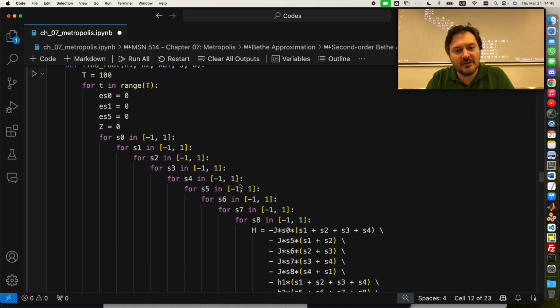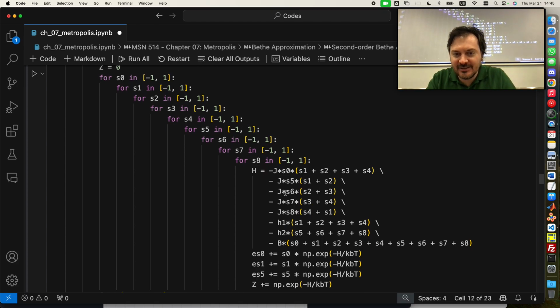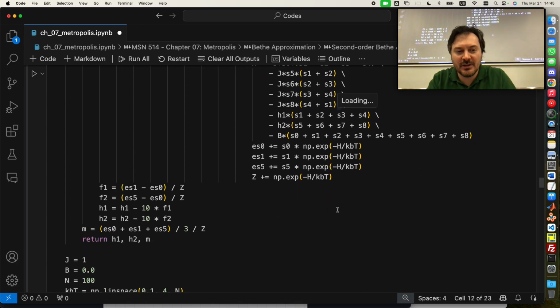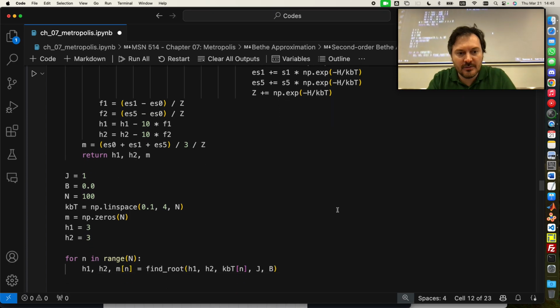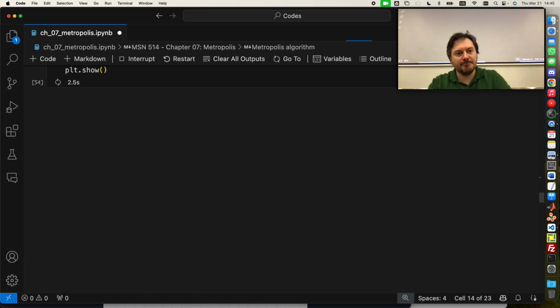You can investigate this code. Do you see? This time there are 9 spins, and we are changing each one of them, and we are writing the relevant Hamiltonian and whatnot. Then if we run this, it will give us the result. Do you have any questions?